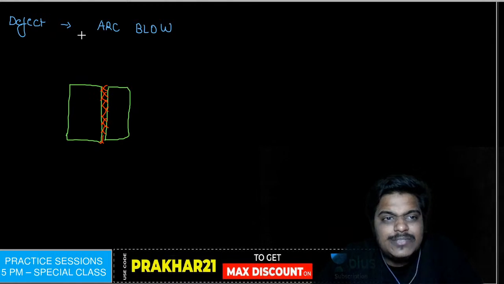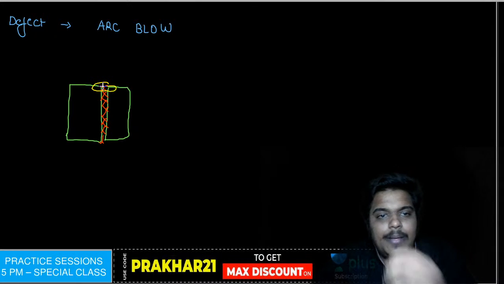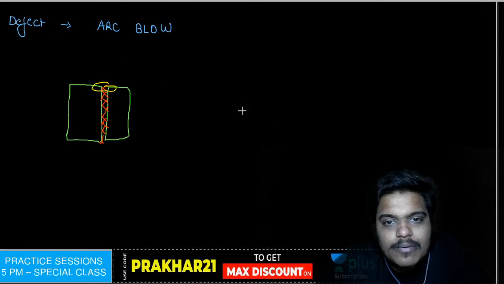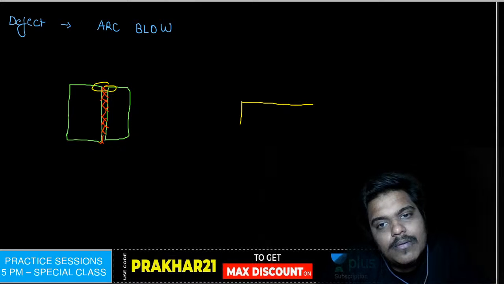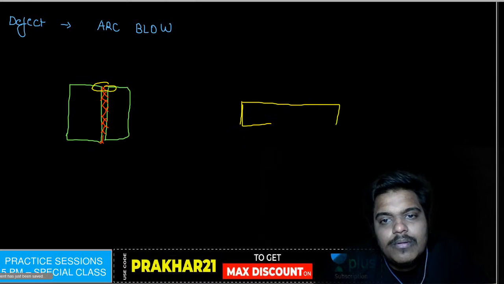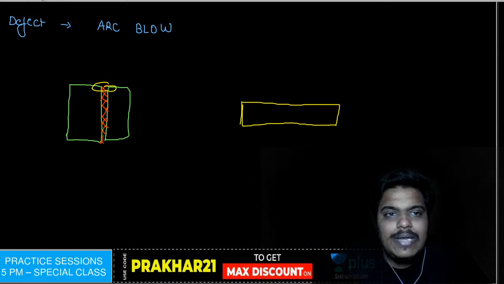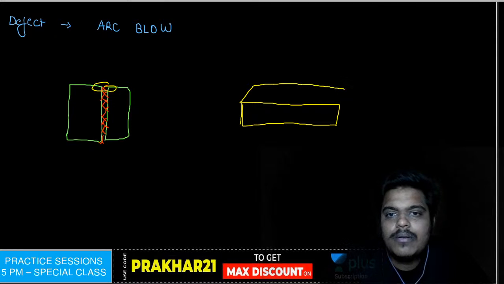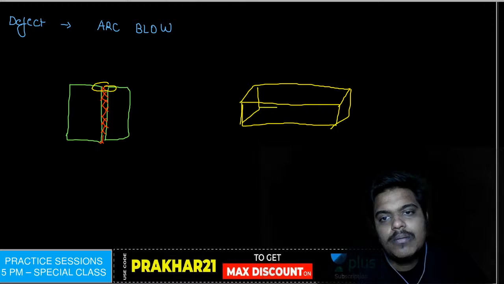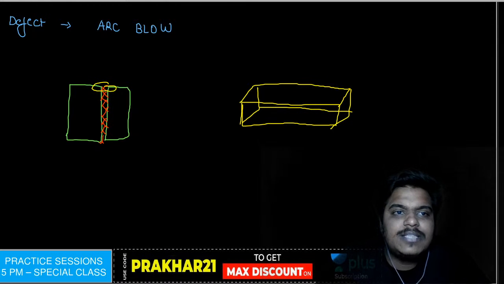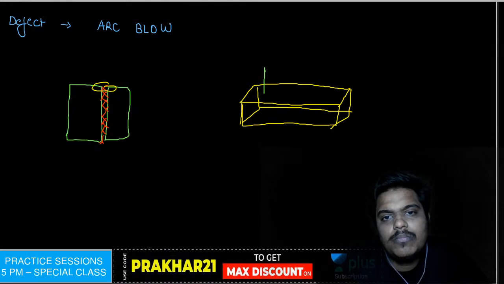Now, please try to understand when I am doing machining on this end. I will draw this diagram. Now my electrode is moving like this. Suppose this is your workpiece number 1, and this is your workpiece number 2.